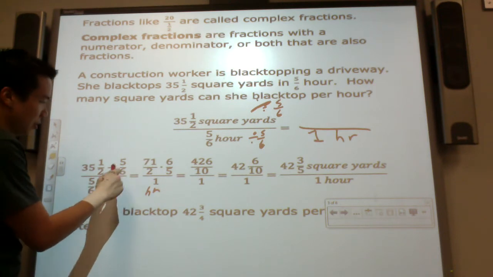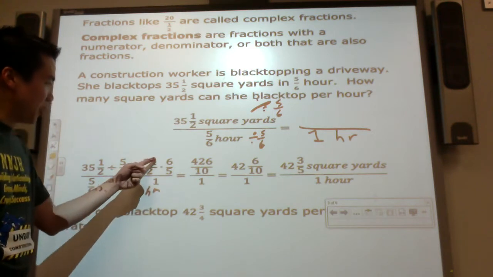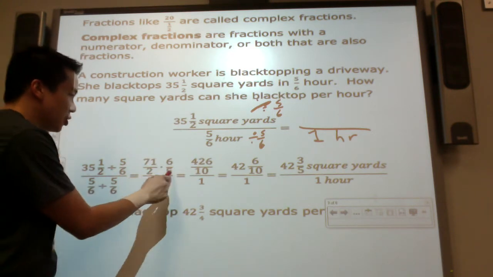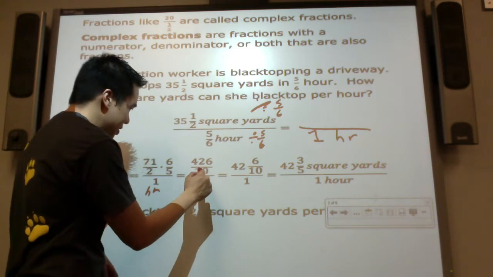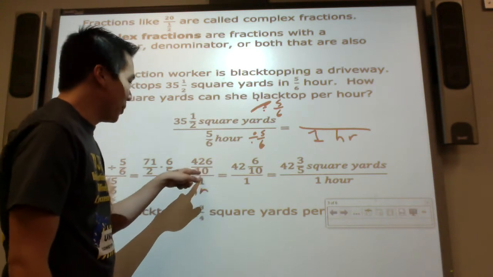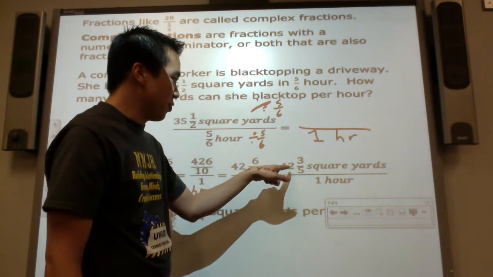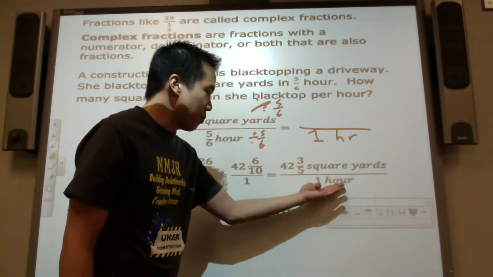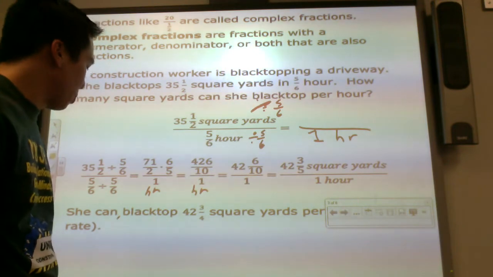And then do the reciprocal of the second number, which is 6/5. So 71 times 6 is 426. 2 times 5 is 10. So another way again, this is 1 hour. This is how many square yards in 1 hour. So how many groups of 10 go into 426? 42 groups, with 6 over 10 left. Or another way to simplify is 42 3/5 square yards per hour. So she can blacktop 42 3/5 square yards per hour.